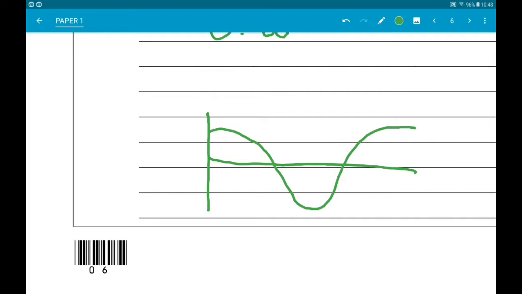So there is our 60. There's another one over here, which is going to be 60 back from 360, so the other one is 300 degrees.